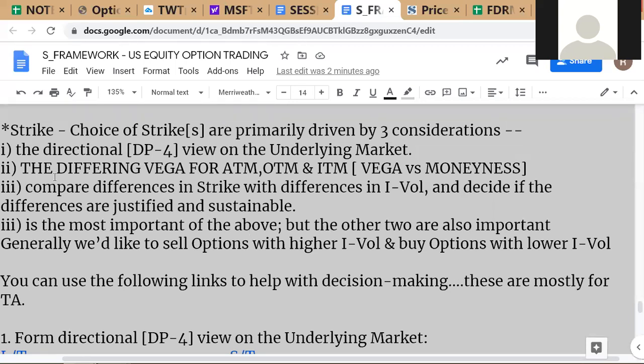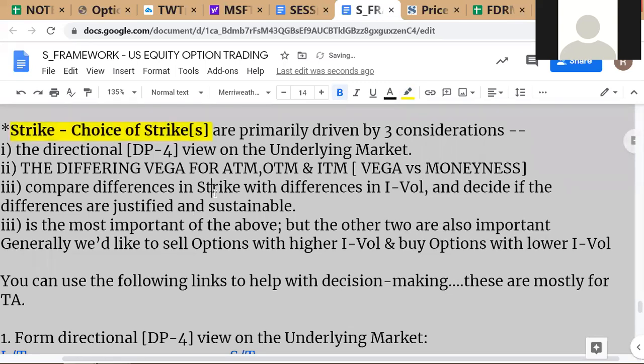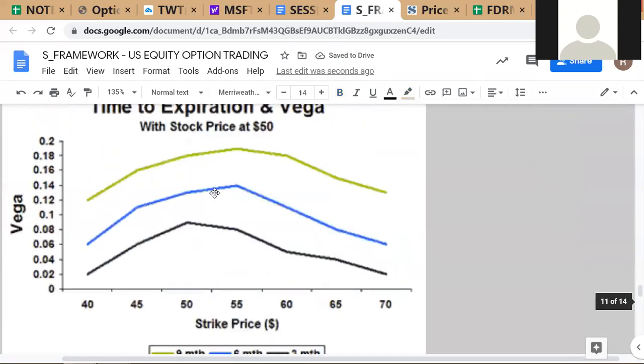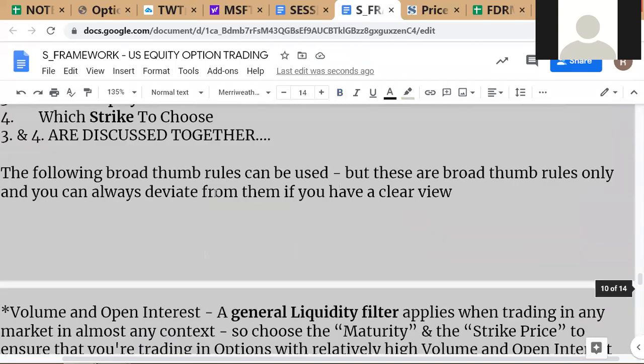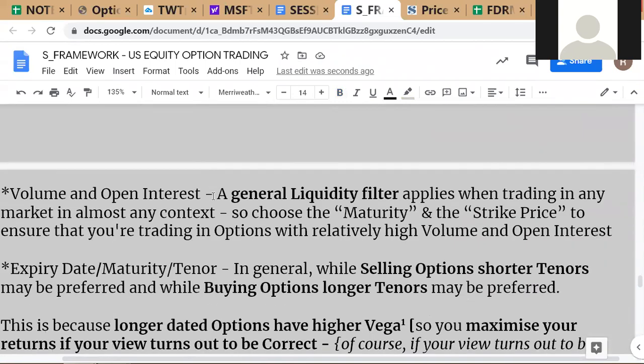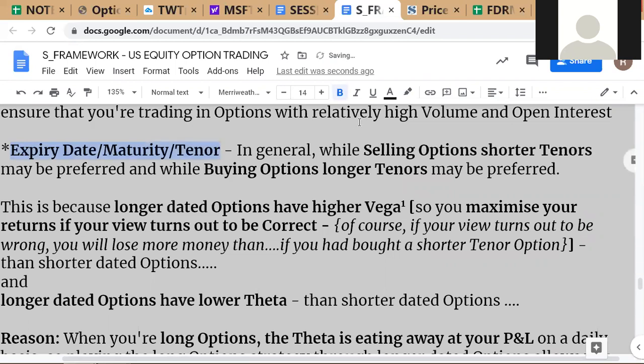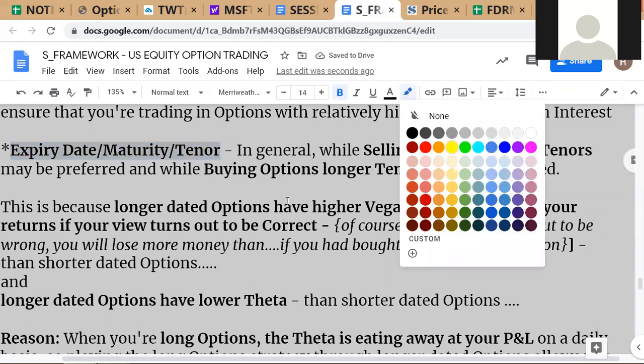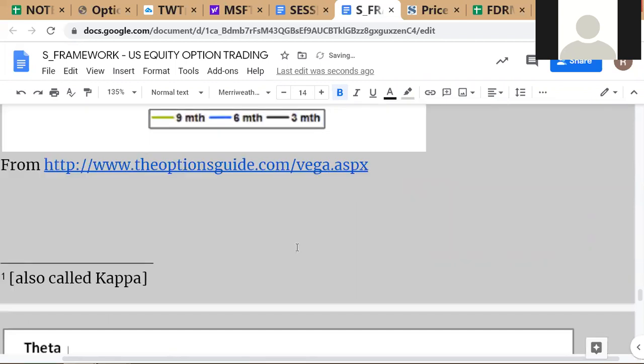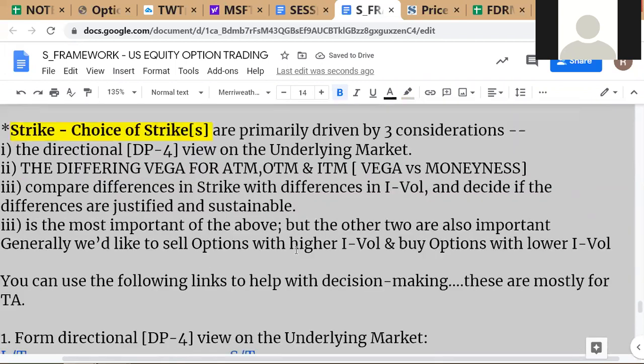Choice of strike has three considerations.